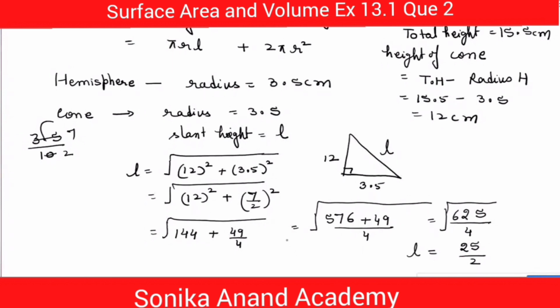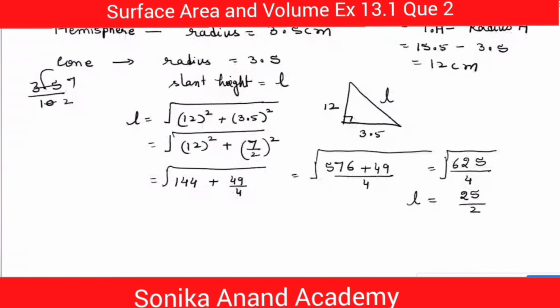Now we have every data for this: r, l. Now we put all the values over here and try to find the surface area. So surface area of the toy is equal to pi r l plus 2 pi r square.